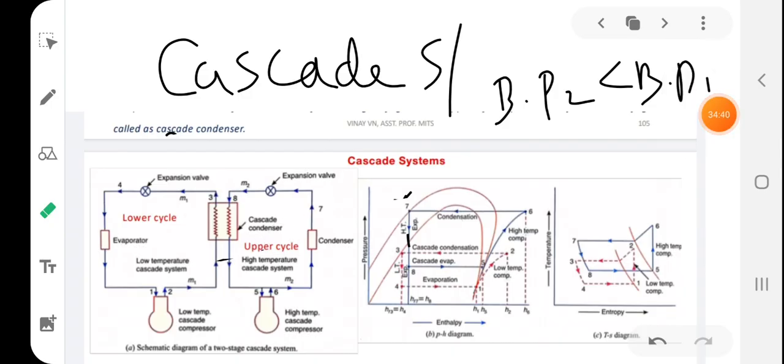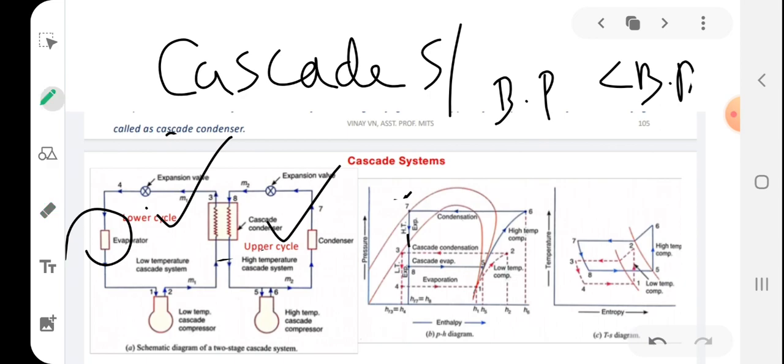So actually this upper cycle cools the lower cycle, and this lower cycle cools the refrigerator space. I have written like this, right? This is wrong. BP1 will be less than BP2.